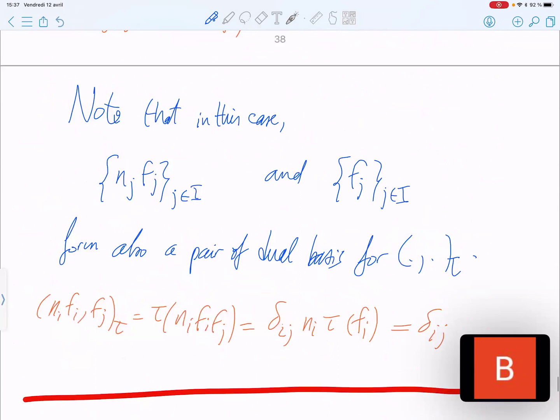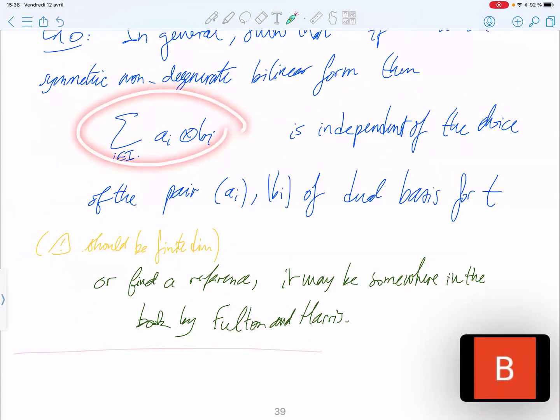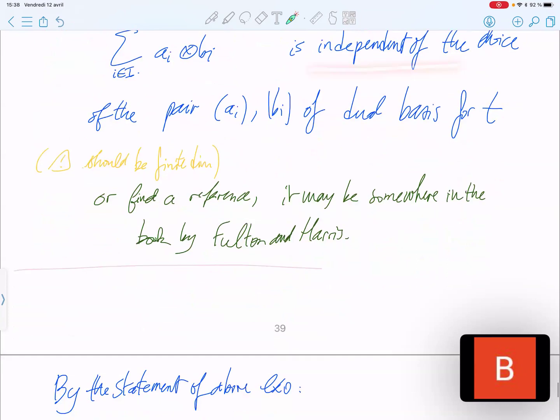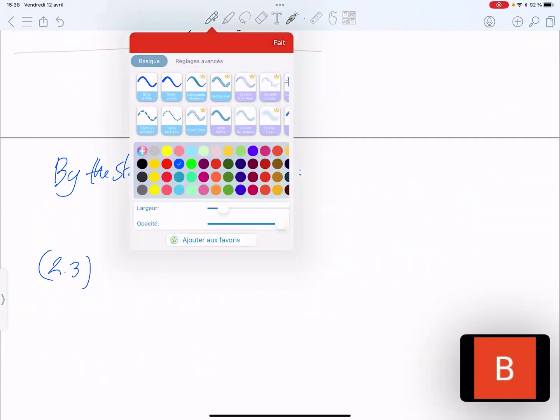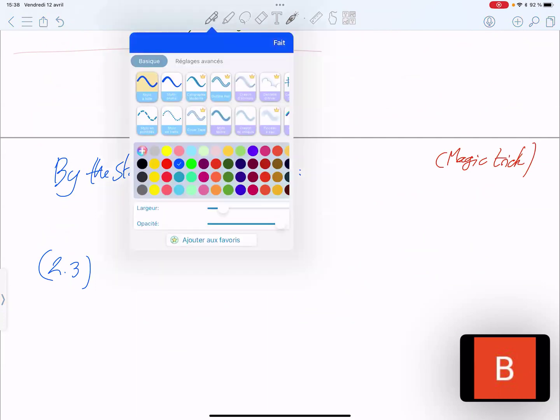So you make one sum for one pair, this sum for the other pair, and you will get an equality because this is independent of the choice of the pair. This is the magic trick. Okay.